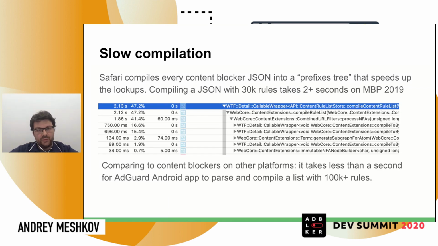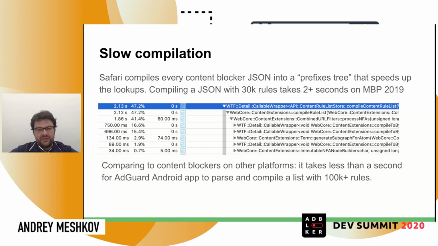Now to the next point, which is actually pretty massive, because this is the reason for some other important limitations. So the thing is that Safari takes these JSON files and compiles them into a special index structure, some prefix tree.